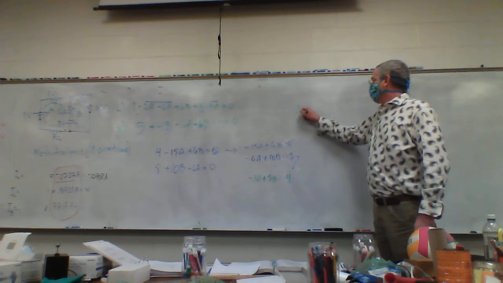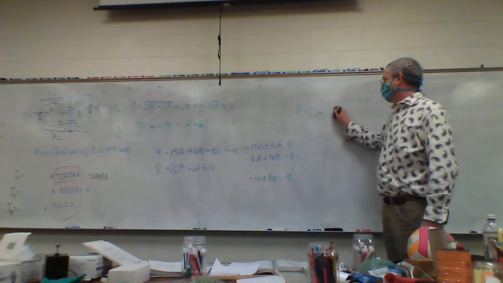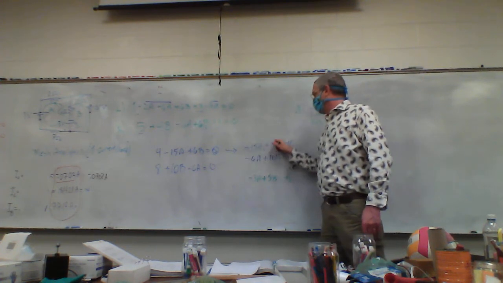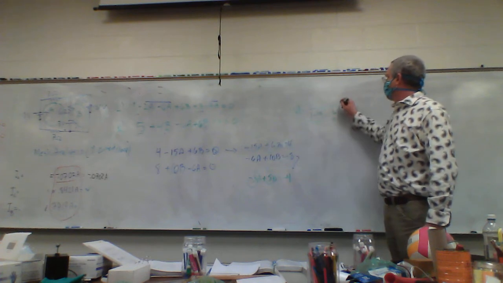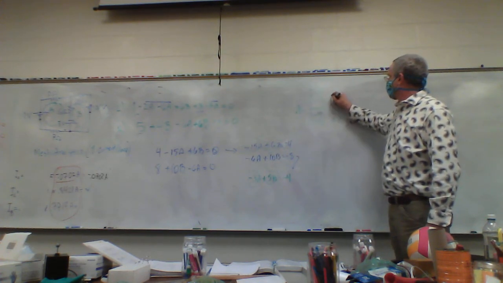And so A is going to be, my denominator will be negative 15, 6, negative 3, 5. Get these numbers right here. My numerator will be negative 4, 6, and 5.